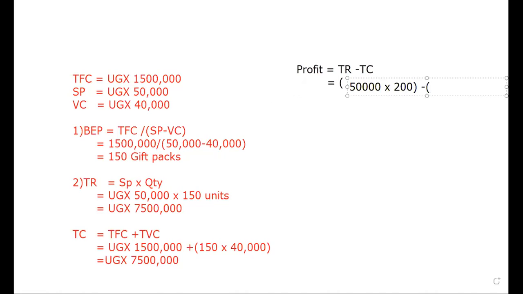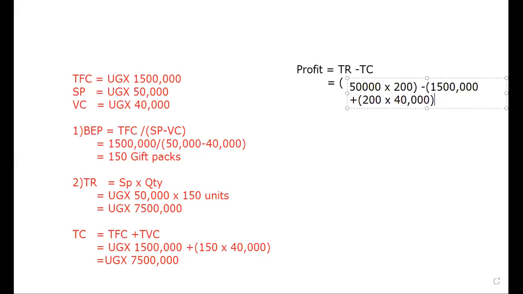Total cost is again fixed cost plus variable cost. Fixed cost is 1.5 million, plus variable cost. Variable cost we can calculate as 200 units times 40,000.